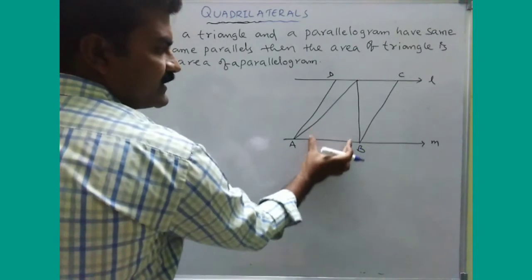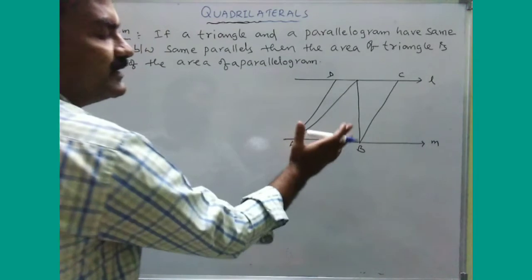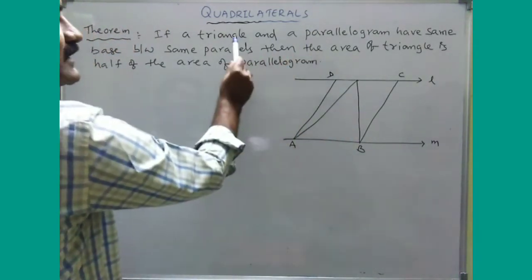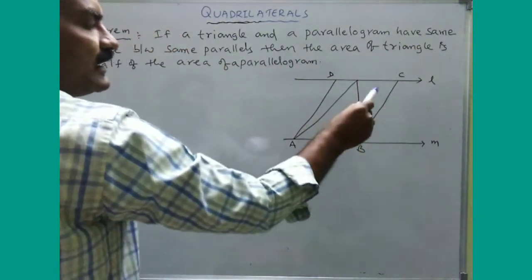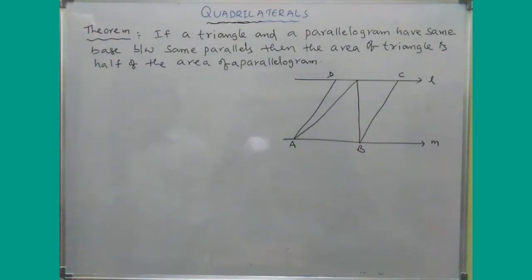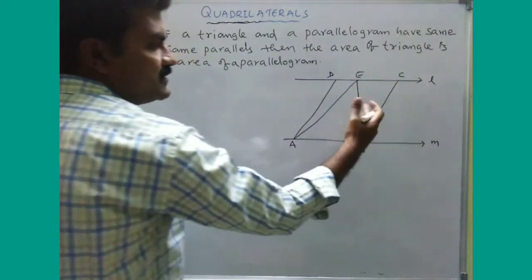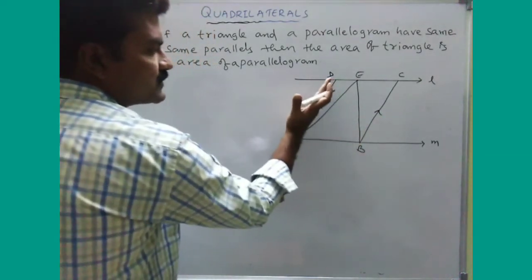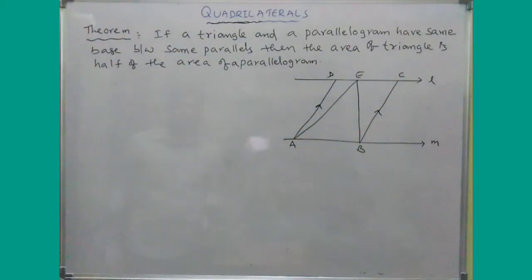The base of the triangle is AB, and the base of the parallelogram is also AB. So that's what we mentioned here: the parallelogram and triangle have the same base and lie between the same parallel lines. Say ABE is the triangle. Because this is a parallelogram, no doubt AD is parallel to BC.